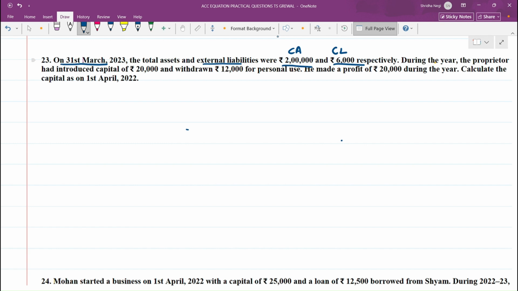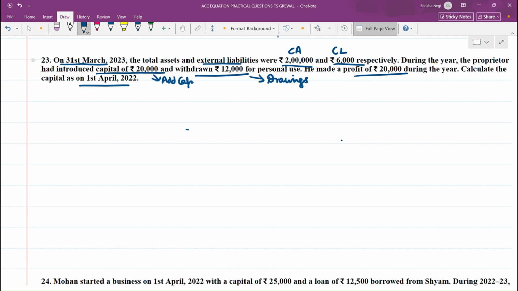During the year, the proprietor had introduced capital of 20,000. This is your additional capital and withdrawn 12,000 for his personal use. So this is your drawings against capital. He made a profit of 20,000 during the year. Calculate the capital as on 1st April 2022. तो आपको opening capital find out करनी है.